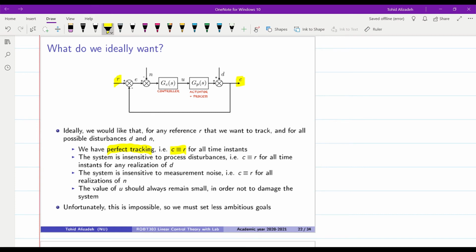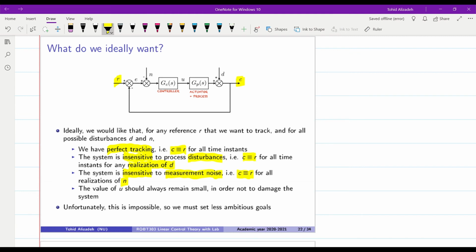And we want the system to be insensitive to process disturbances. So C will follow R for all time, even if there is some disturbance. It should also be insensitive to measurement noise, or N. C should be following R for all realizations of N.